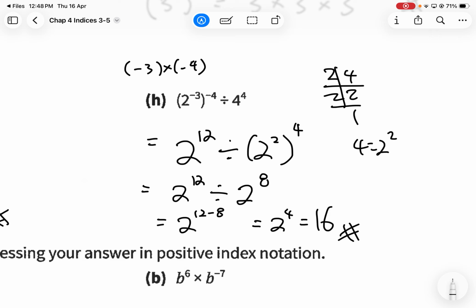Actually we don't just multiply all this. The easiest way is still to know that when you have 2 to the power negative 3, multiplied by itself, negative 4, just multiply the index. Work with the index when there is no multiplication. Don't go and multiply the base.